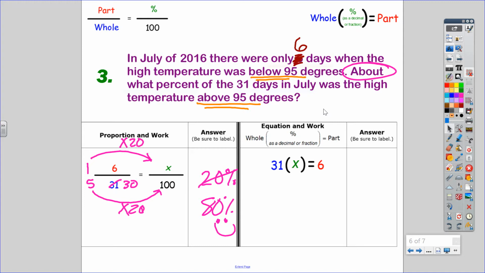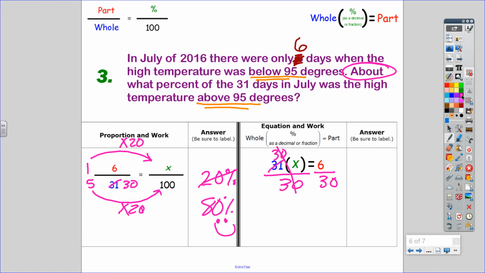So again, we've got the 31 days times some percent is going to equal 6. So we can also in the equation change that 31 to 30. And to get the x by itself, how do I get rid of a times 30? I divide by 30. What you do to one side, you do to the other. Now 30 divided by 30 cancels out.